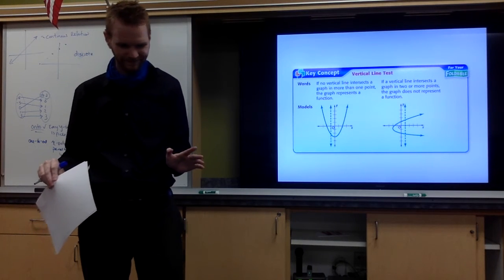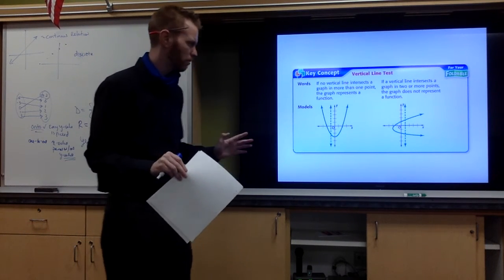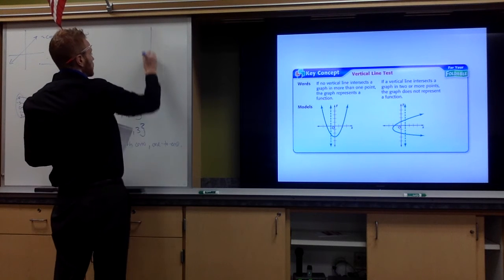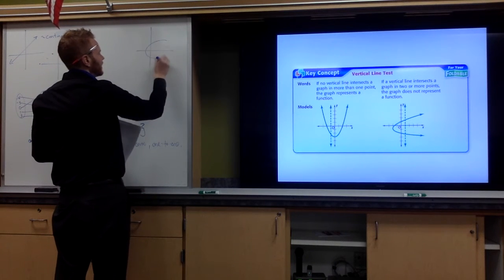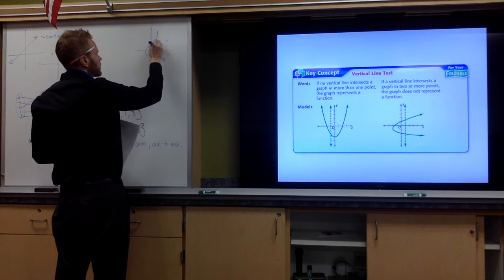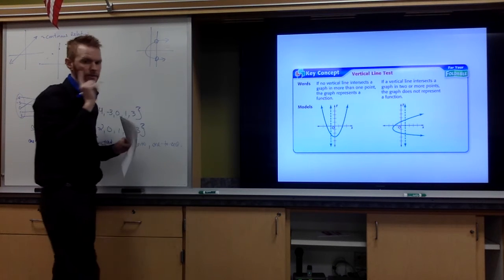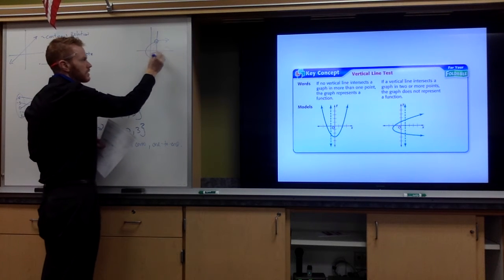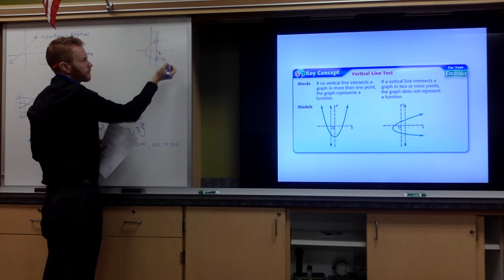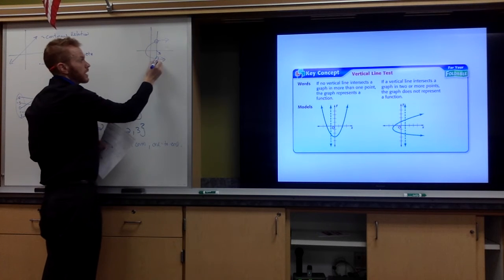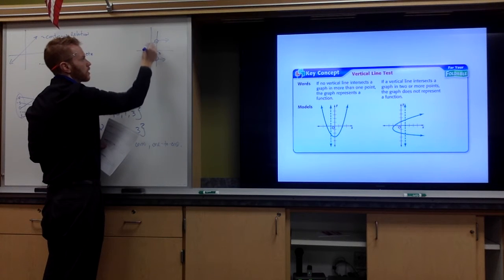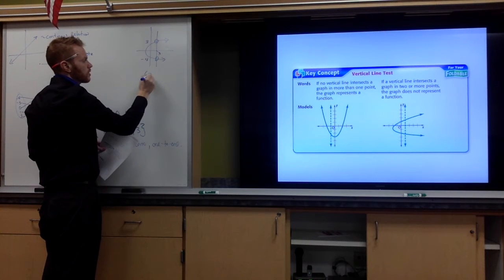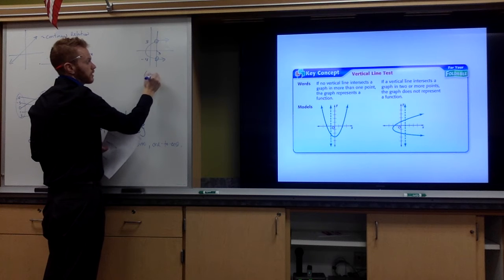Why? That's important. Why is this such a no-no? Why is this bad? Well, think of it this way. Let's say this x value is 3. My input has two different outputs, right? Let's say this is -4 and this is 3. So I have two points here.